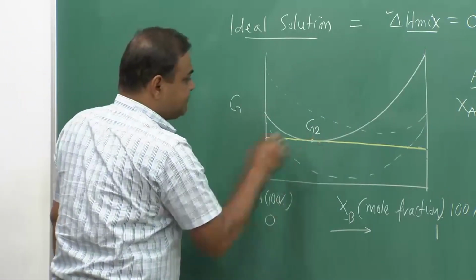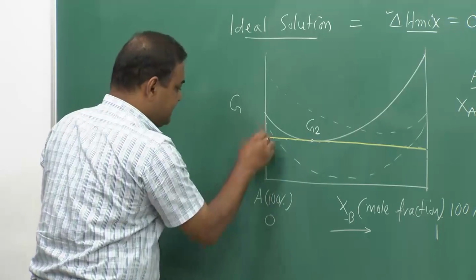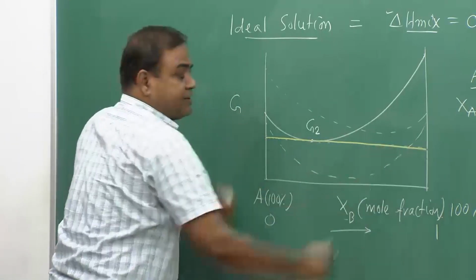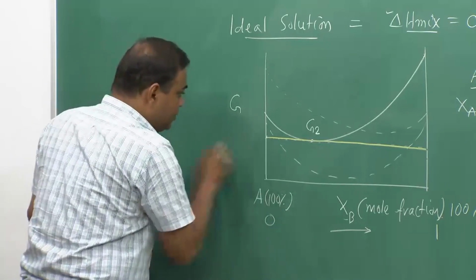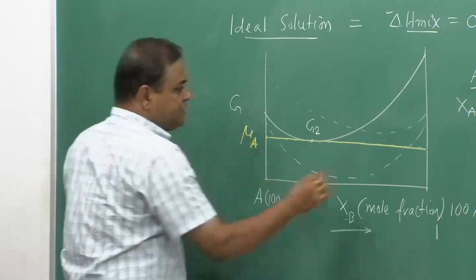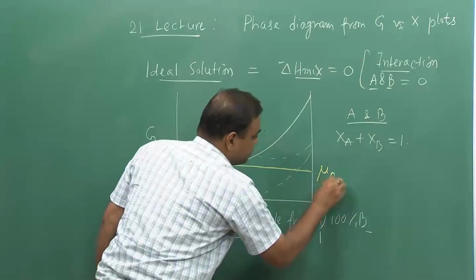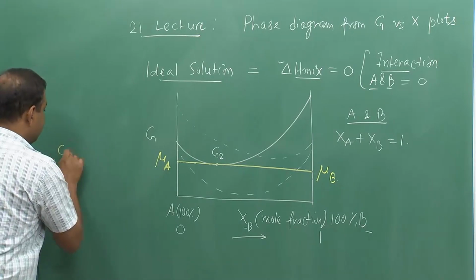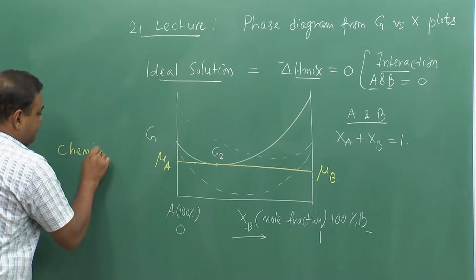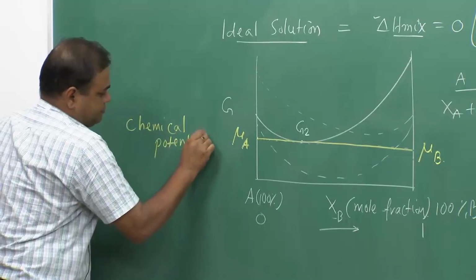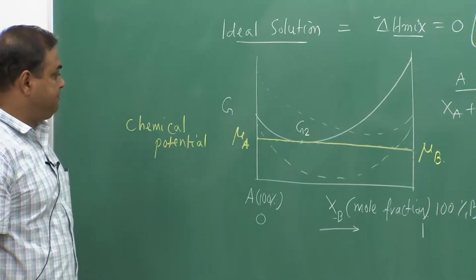This tangent would intersect 100% A and 100% B at 2 points, and this particular point we call mu A, and this particular point we call mu B, and this mu is nothing but the chemical potential.